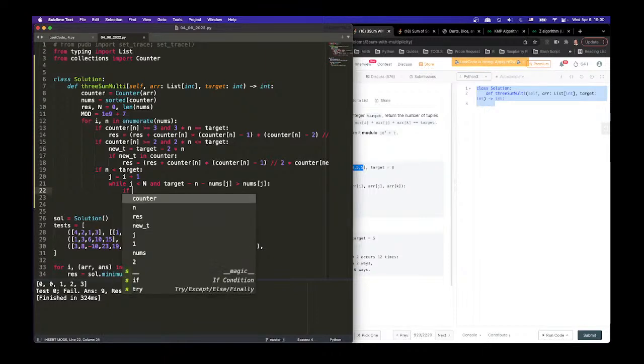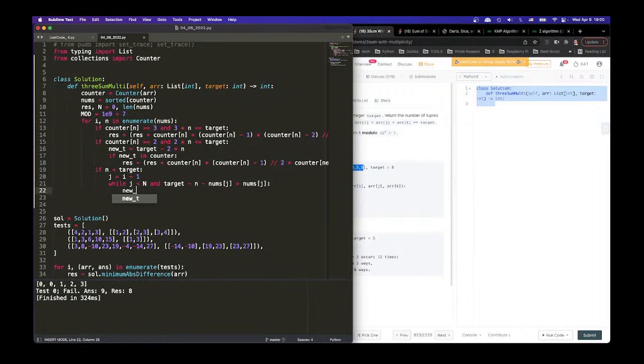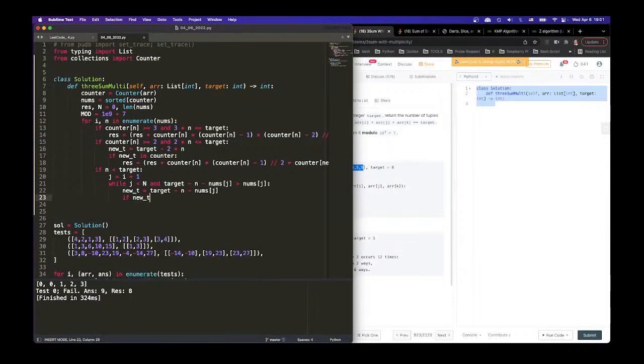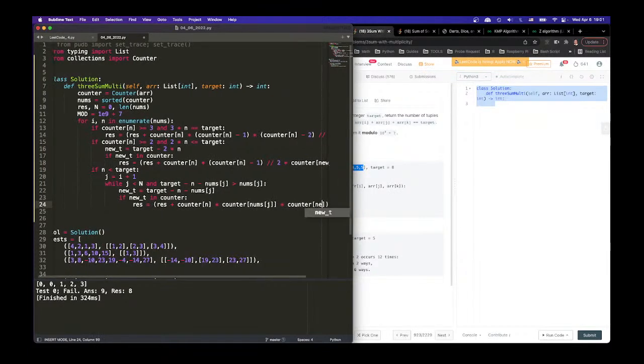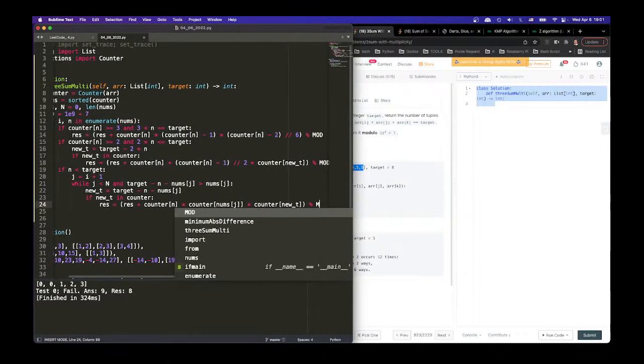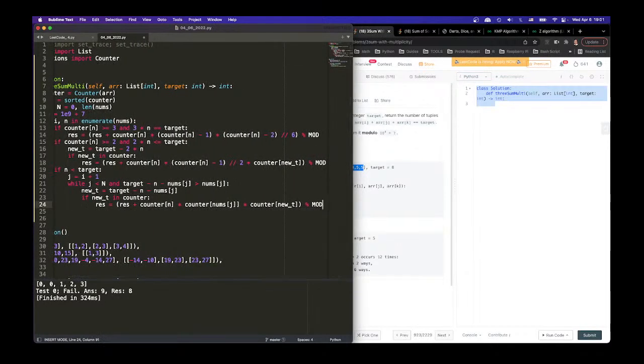if new target equals target minus n minus nums j. So if new target is in counter, res equals res plus counter n times counter nums j times counter new target mod, and j plus equal 1.